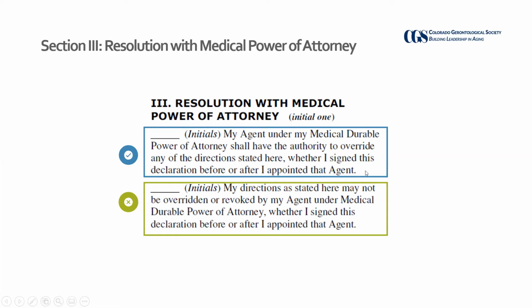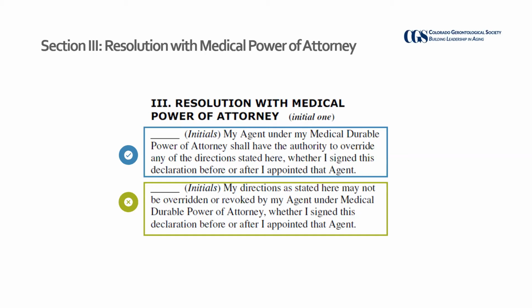So this means you want your living will to be used as a guidance, and your agent has the ability to change any of the medical treatment that you have outlined.